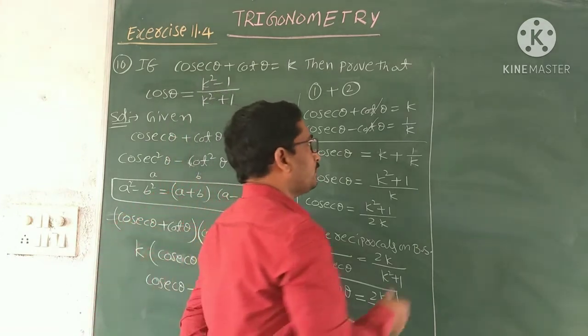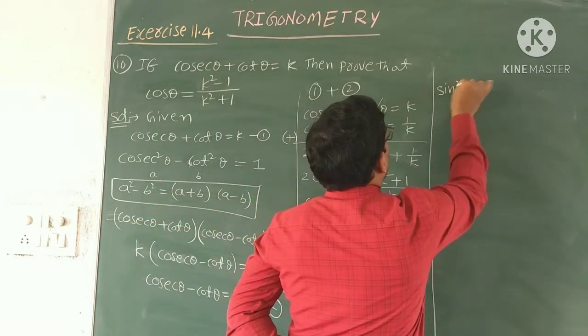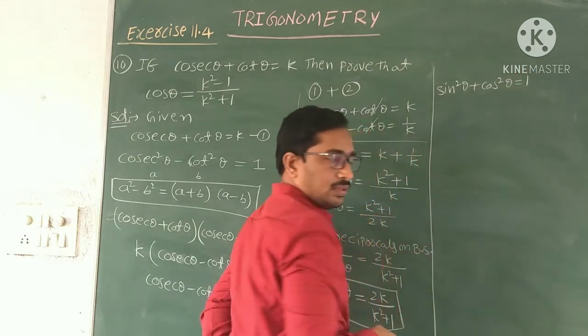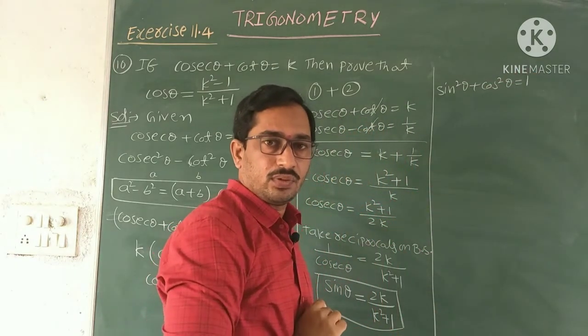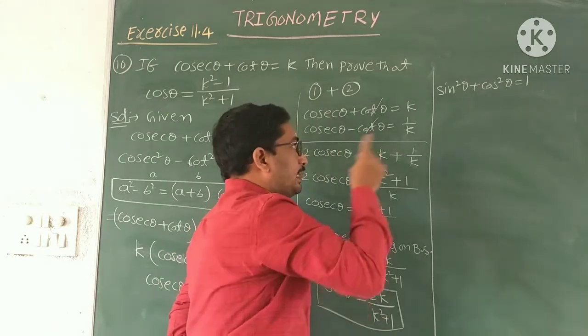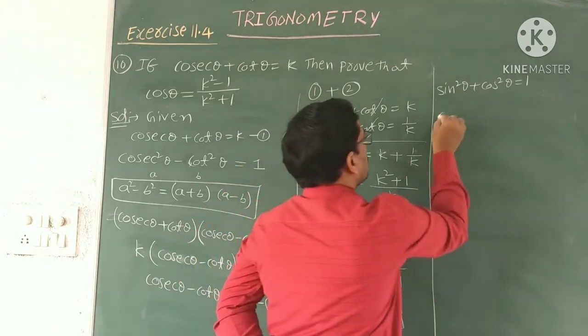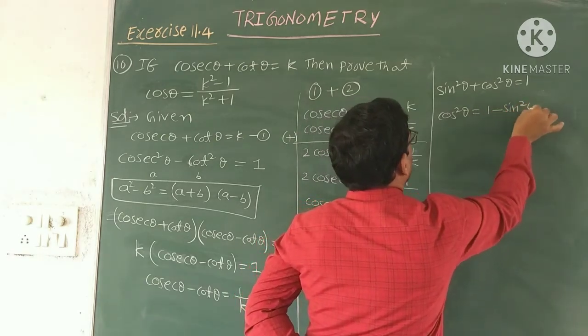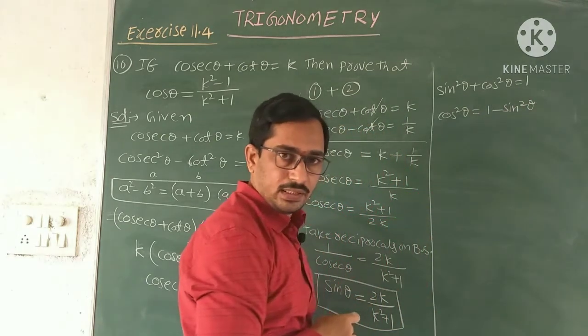From identity 1, sin square theta plus cos square theta equal to 1. Now from this, write the cos square theta value. So cos square theta equal to 1 minus sin square theta.